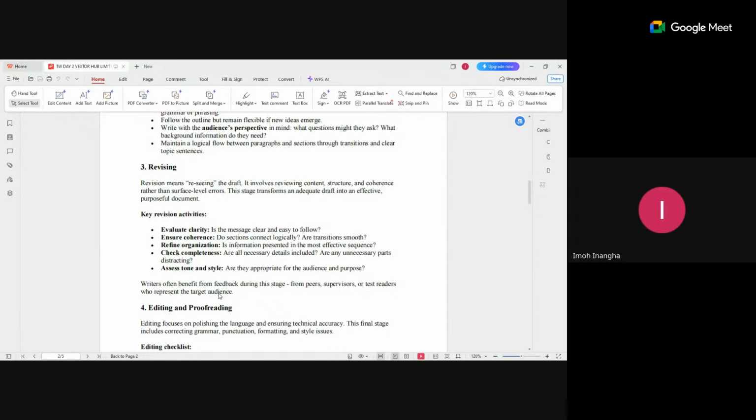Now you have the next point, which is check completeness. Are all necessary details included? Are any unnecessary parts distracting? Assess tone and style. Are they appropriate for the audience and purpose?